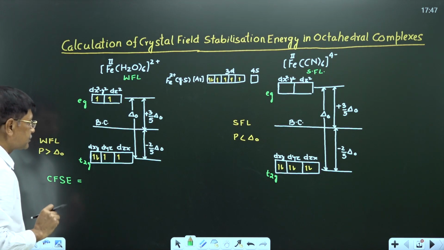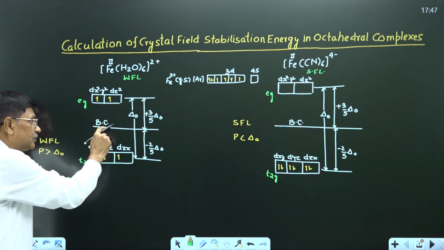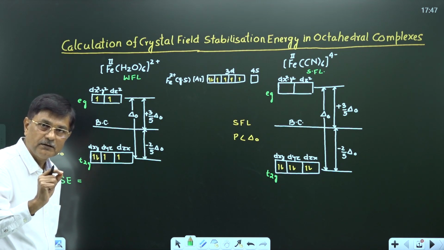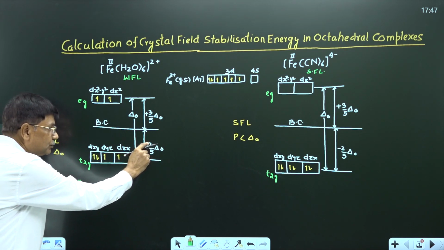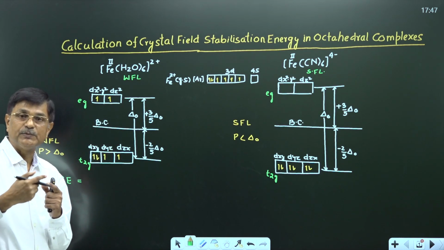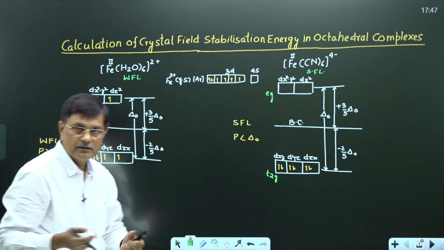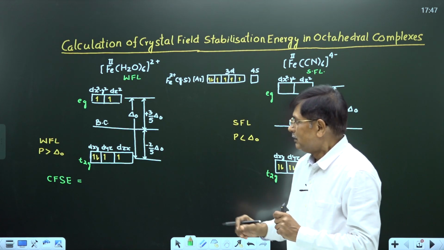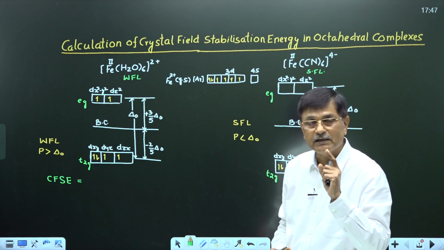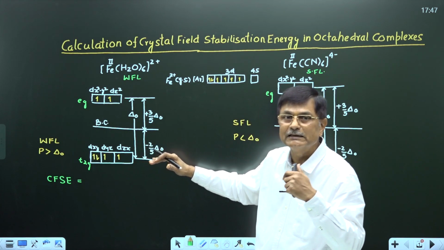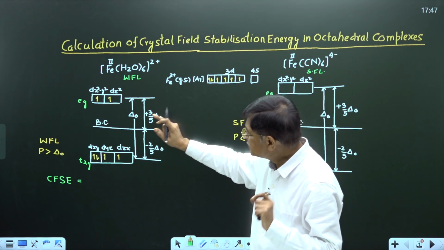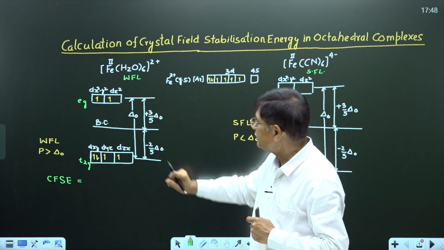Students, with respect to barycenter, each electron of T2g orbital has been stabilized by -2/5 delta O, while each electron of Eg orbital has its potential energy raised by 3/5 delta O. I am telling you in other words, students, with respect to barycenter, potential energy of each electron of T2g orbital has been decreased by 2/5 delta O, while potential energy of each electron of Eg orbital has been raised by 3/5 delta O.